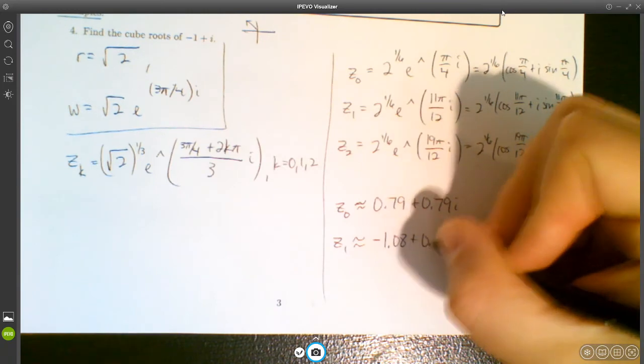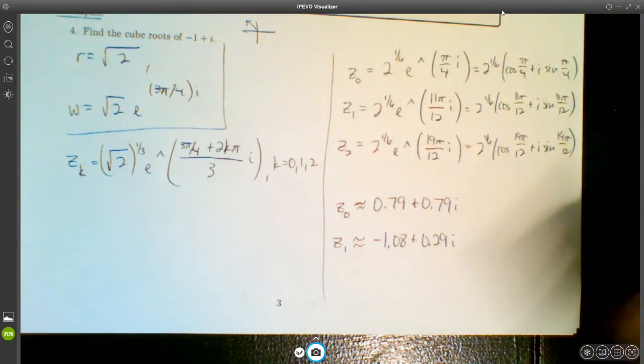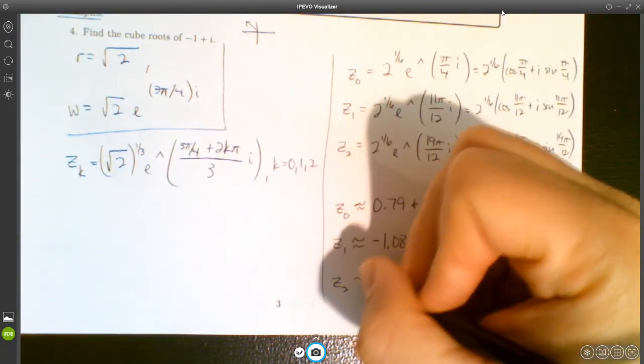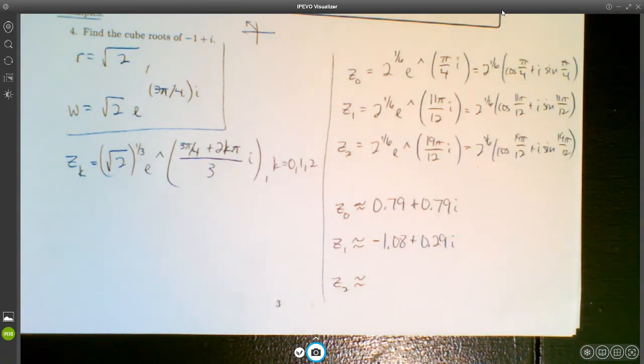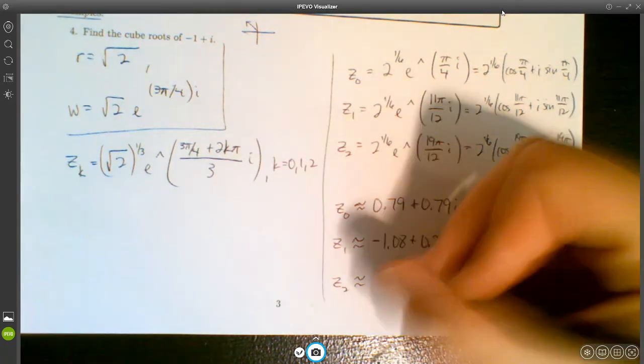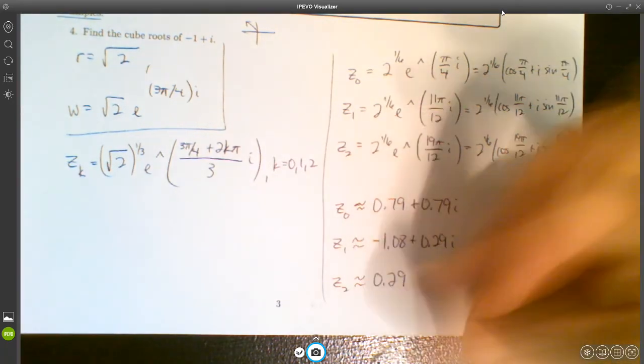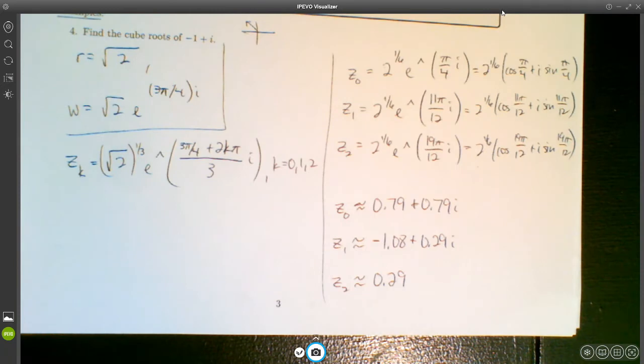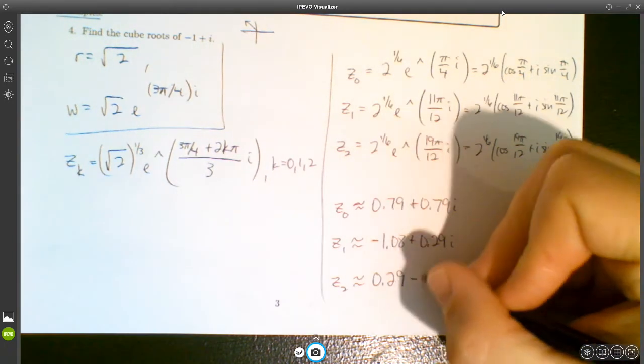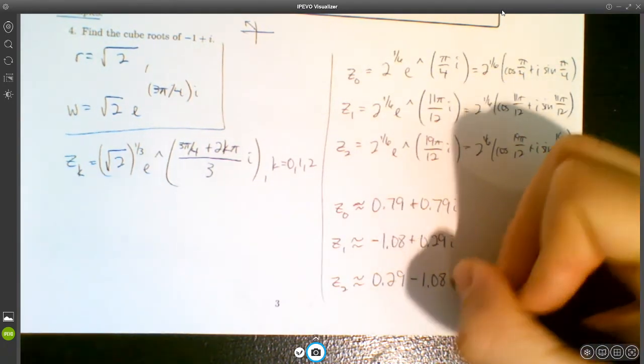Plus 0.29i, and Z2 is approximately .29 minus 1.08i.